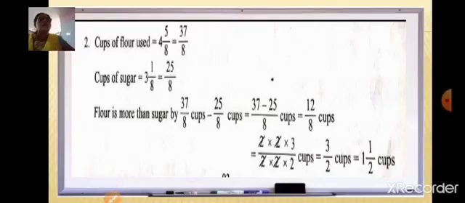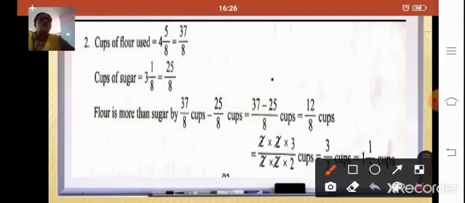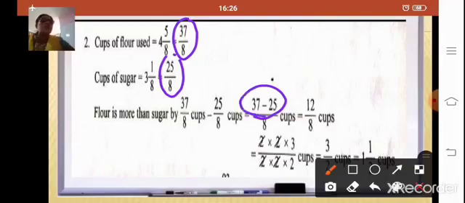The solution is given here. Cups of flour used was 4 5/8, which when we converted into an improper fraction, we got 37/8. Then cups of sugar used was 3 whole 1/8, which when converted into an improper fraction was 25/8. Now 37/8 minus 25/8 will give you 12/8.